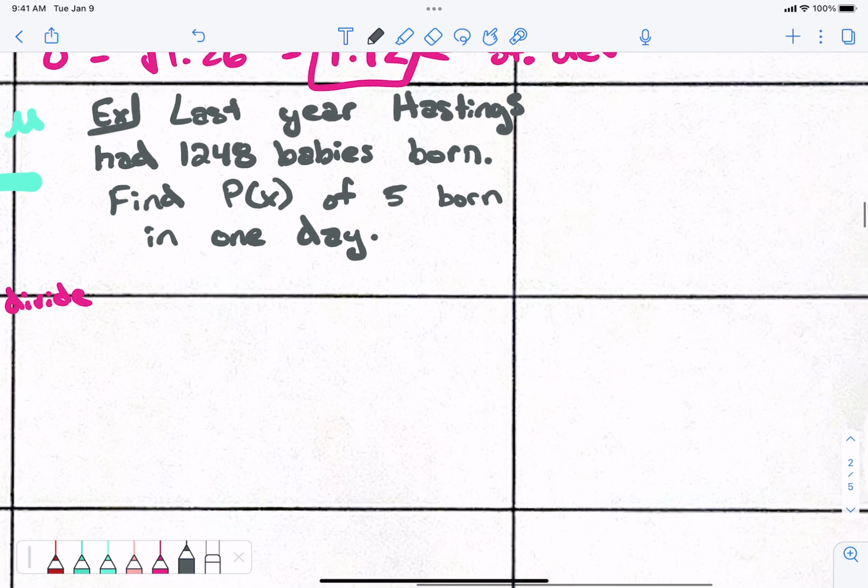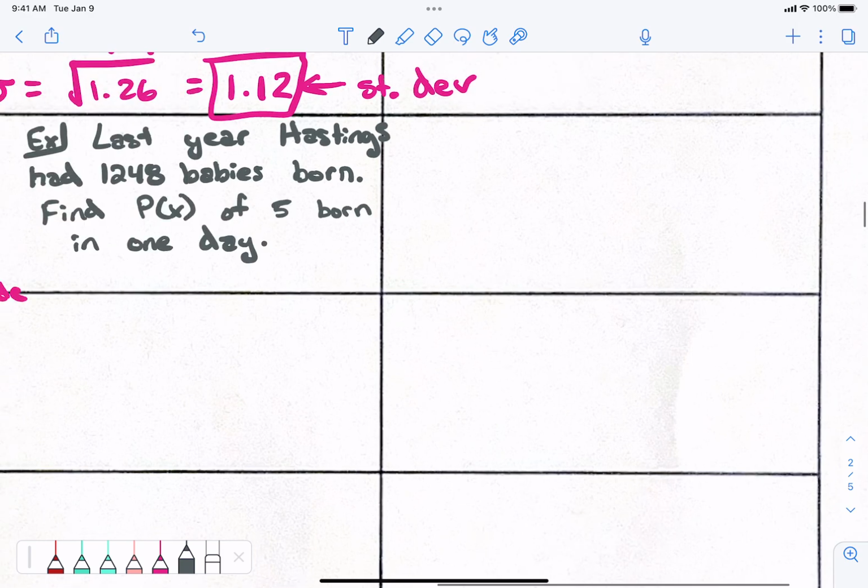All right, so I'm going to pick apart some information and put it off to the side. They're not giving me P's and Q's in here. This is not binomial, so we have to find the mu, the average. How do I find the average? 1248 is the number it gives me, but that's per year.